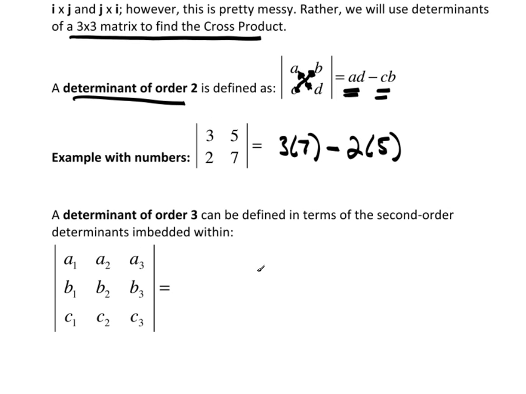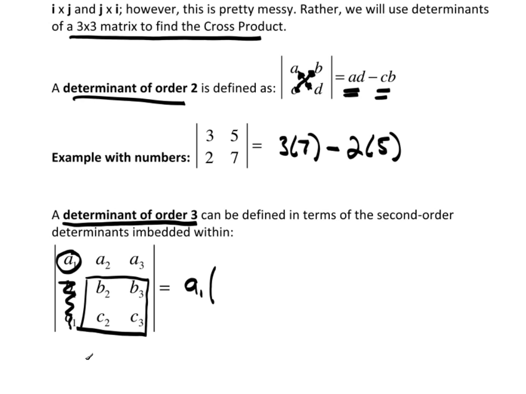So now let's go to the idea of a determinant of order 3 for a 3x3 matrix. And this is the basic idea behind the way this is going to work. So first I'm going to key off of A1. I will take whatever the value is in A1, and I will multiply it by, what I'm going to do is pretend like this does not exist, but this creates a 2x2 matrix.